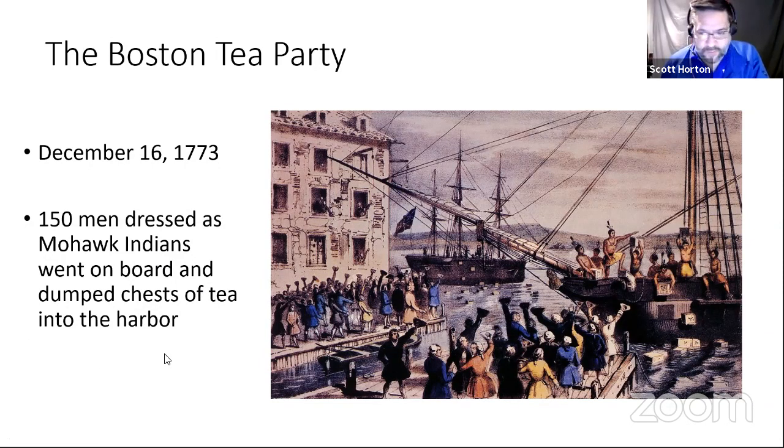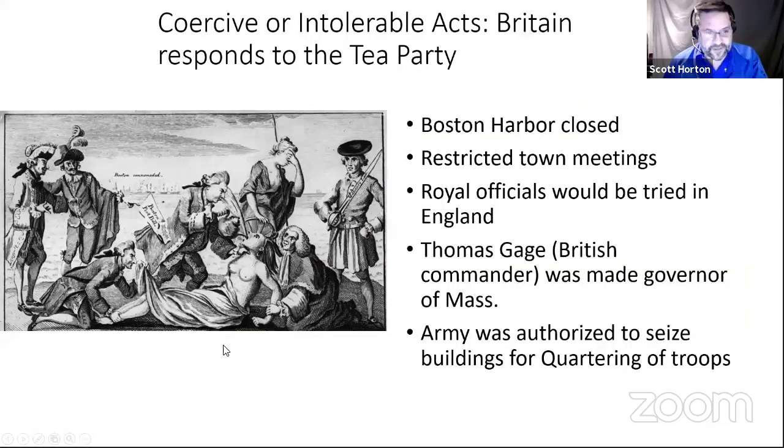Native Americans certainly were not going to come and destroy British tea. They're trying, of course, to mask their identity, is the whole idea of that. So now you have the colonists actually reacting in a much more physical way against the mother country, in a sense.